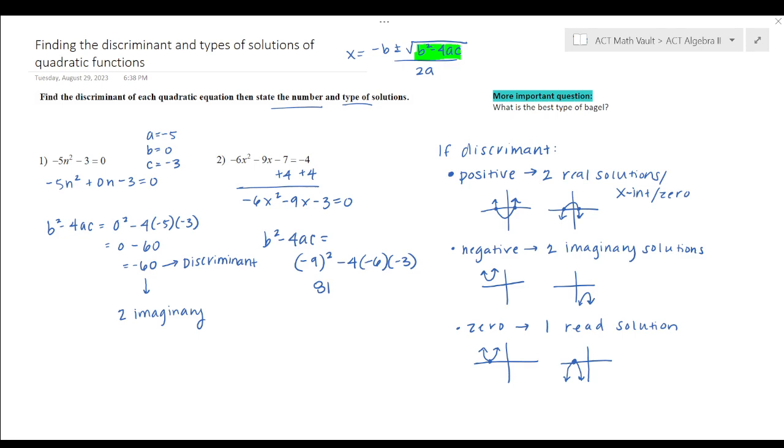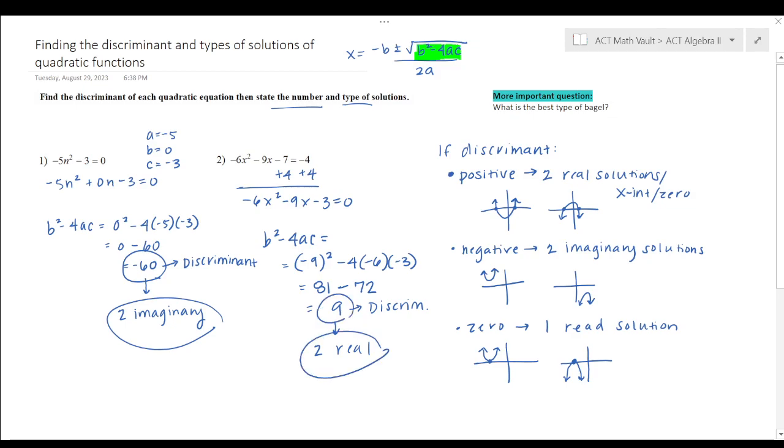Then it's going to be 24 times 3, which is 72, and it's 3 negatives once again, so I'm going to be subtracting. So my discriminant is 9, and that leaves us with a positive, so it'll be 2 real solutions. So as far as the final answer, it would be part 1, part 2, part 1, part 2.